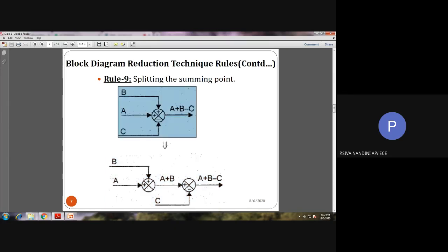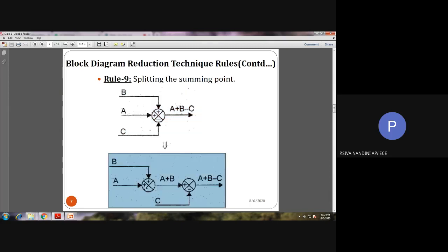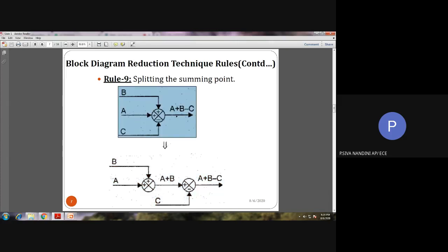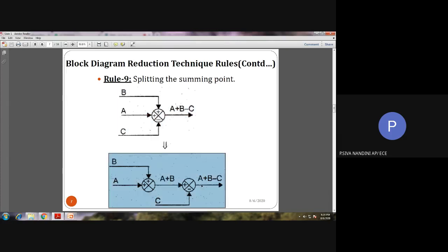So the same positive sign is given to A and B, and the output from this first summing point is A plus B. This output A plus B is given to the second summing point with another input C, and that C input is fed with negative sign. So the obtained output is A plus B minus C, which is equivalent to A plus B minus C. Likewise we can split the summing point also.